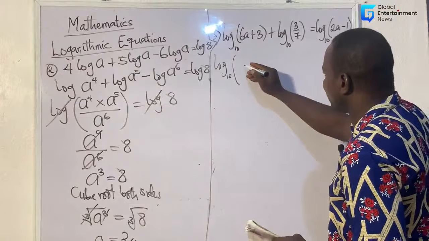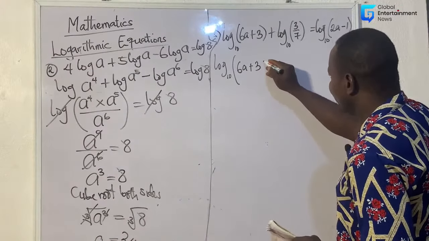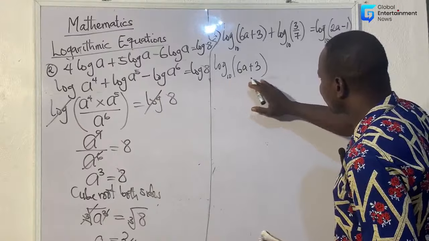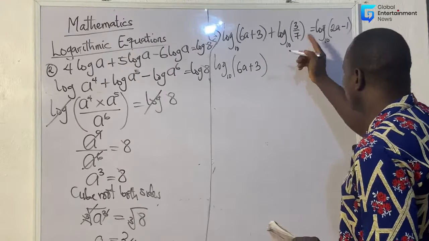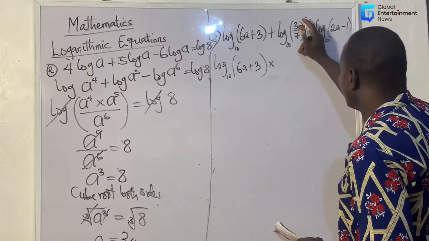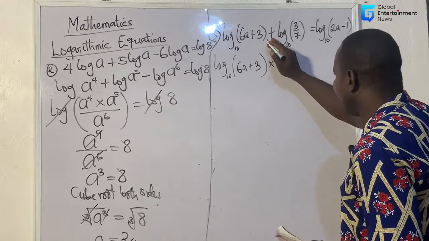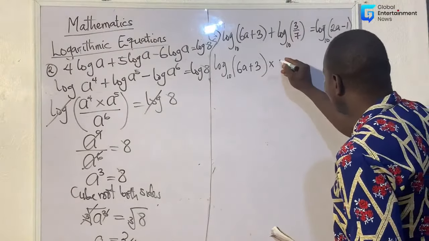So this one will now give me 6a plus 3, bracket close. Then I want to times it with this one. That is going to give me times 3.